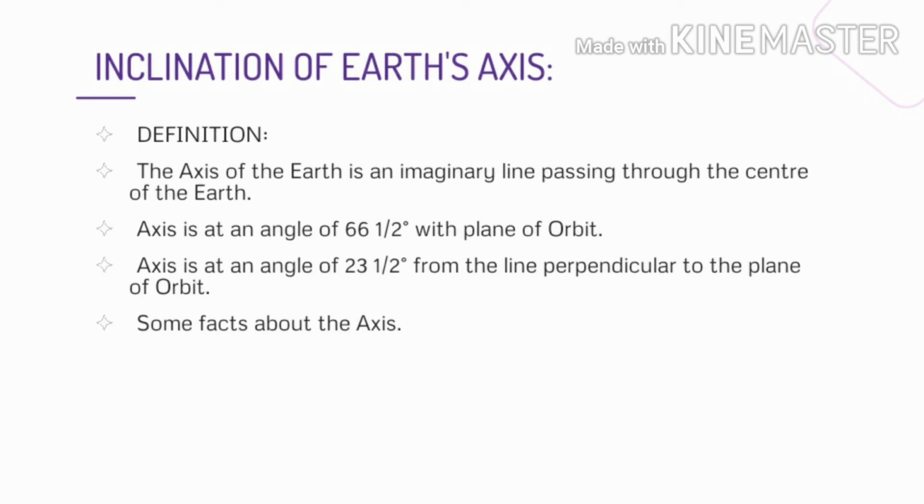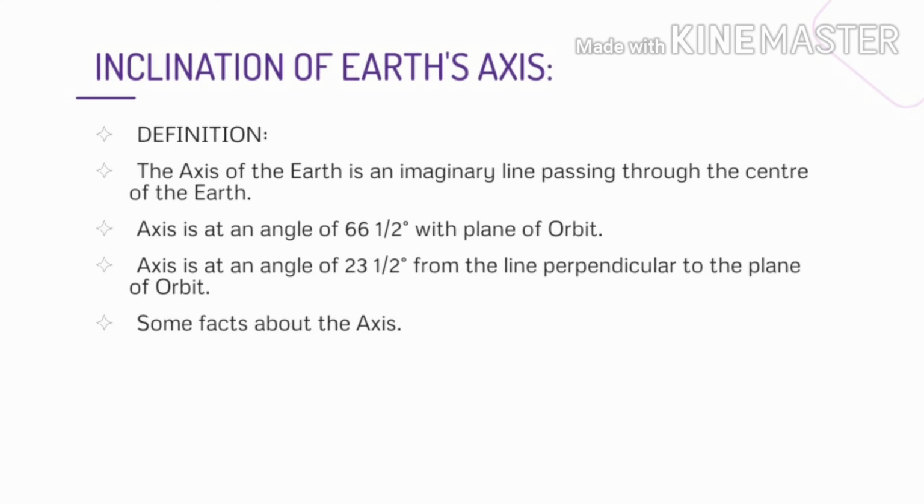When it is revolving around the sun, it is at an angle of 66.5 degrees with the plane of the ecliptic, or we can say that it is at an angle of 23.5 degrees from the line which is perpendicular to the plane of the ecliptic. Please see figure 3.5 in your book. From there you'll know what the ecliptic is, what the plane of the ecliptic is, and what exactly the angles of the tilt of the axis are.